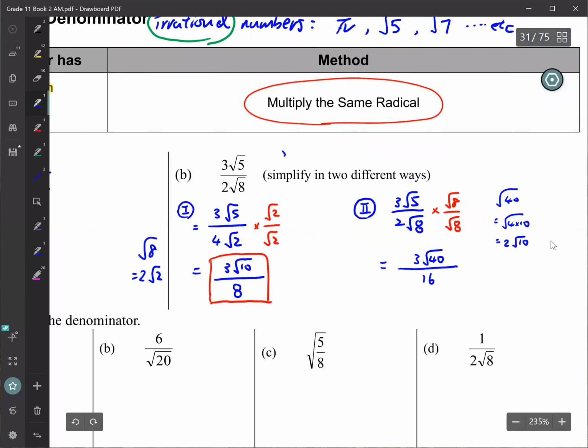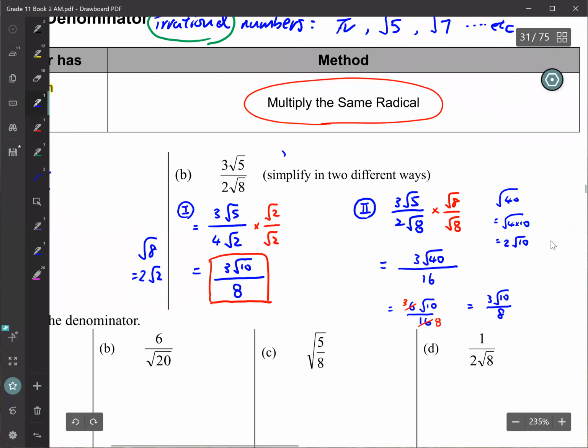So the 2 goes out, meets with the 3, and that will give you the 6 root 10 over 16. Now remember, for dividing, outside can divide with outside, right? So 16 and 6, they can reduce, makes us 3 and 8. And finally, it matches the answer on the left side.